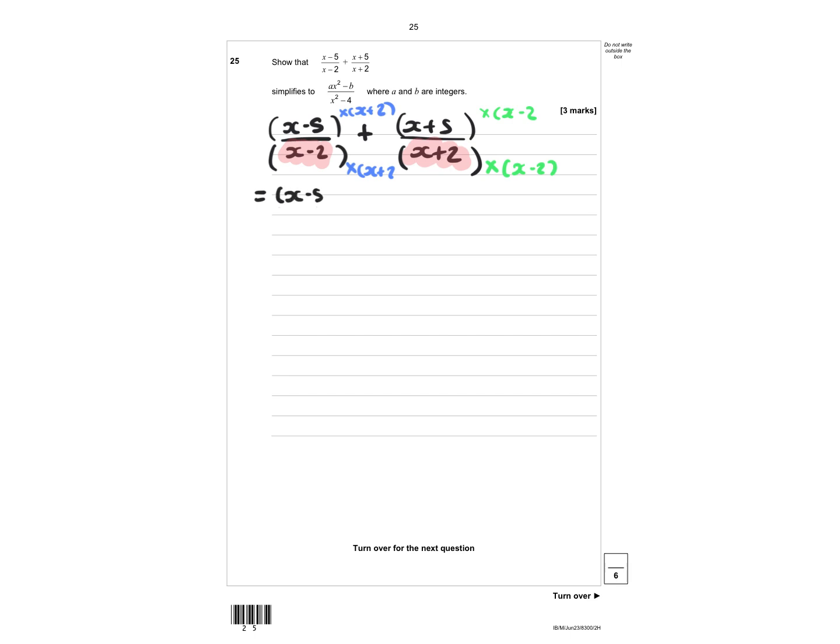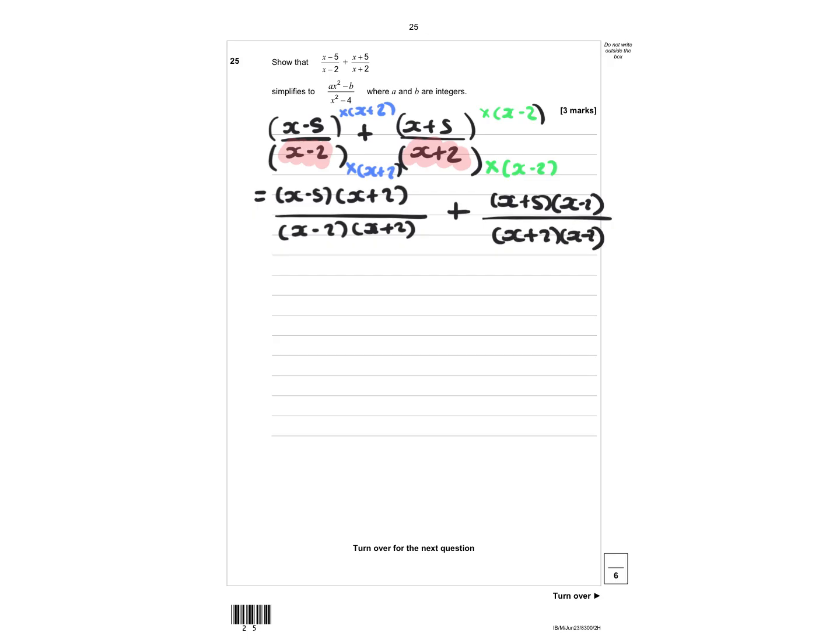So the first fraction becomes x minus 5 times x plus 2 over x minus 2 times x plus 2, and then the second fraction becomes x plus 5 times x minus 2 all over x plus 2 multiplied by x minus 2. Now, because the two fractions have the same denominator, they can be written over one single denominator like this, and we then have to simplify the numerator.